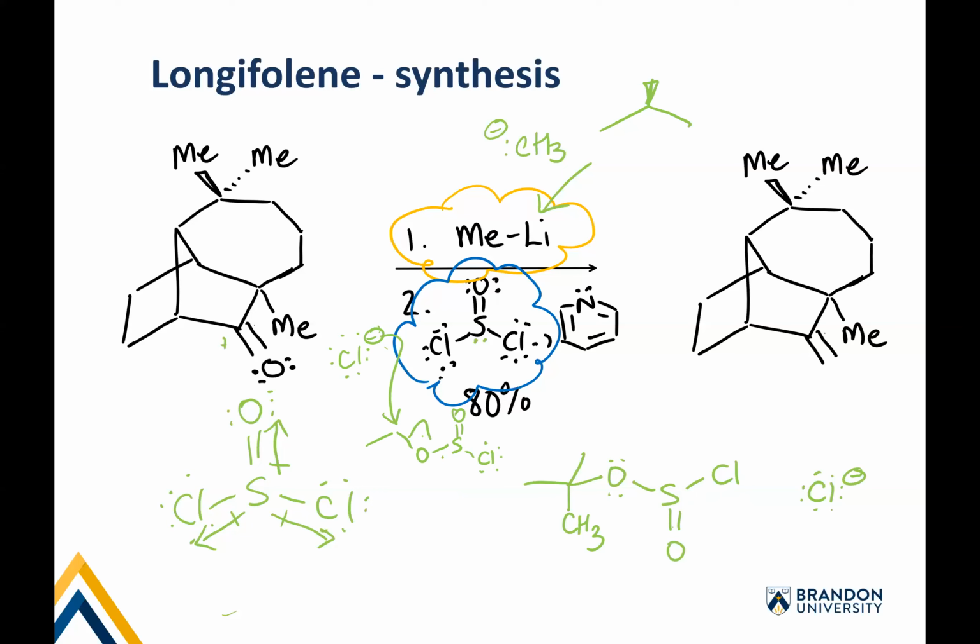This goes here and that goes there, and you can just convert an alcohol to a chloride using thionyl chloride. Did we not do that ever? I'll take that as, I don't remember. Okay, well, it might have been one of those side reactions that we didn't talk about a whole lot.